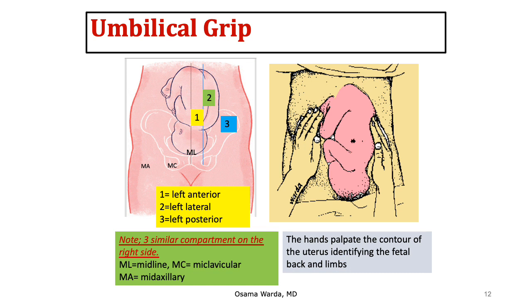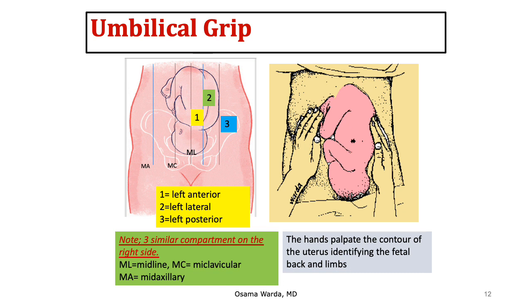The first is the midline, assigned number 1. The second is the mid-clavicular line. The third is the mid-axillary line. And on the other side, the right mid-clavicular and the right mid-axillary line. We have here 6 areas for possible position of the fetal back.